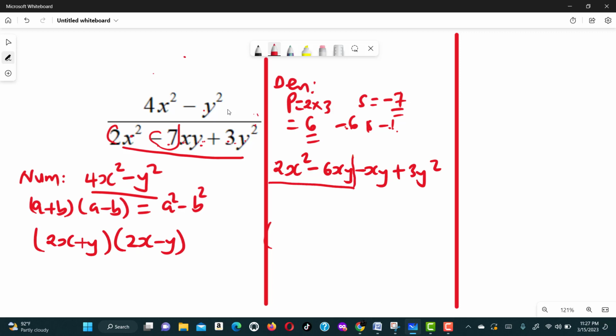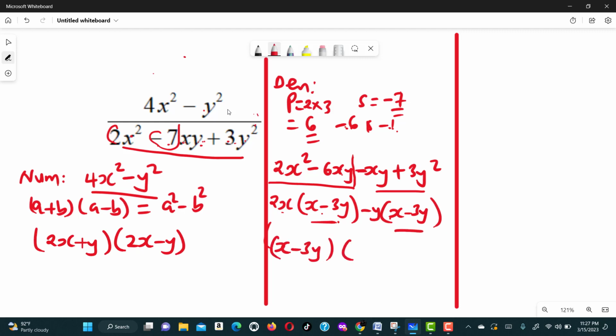On the left hand side, we find what's common, and that is 2x, and then in the bracket we have x minus 3y. On the right hand side, we have minus y common, and in the bracket we are going to have x minus 3y. So these two are still the same if we expand. From there, we check what is common, which is x minus 3y, and combine what is outside the bracket, and that is 2x minus y. And that's the final factorization of the denominator.